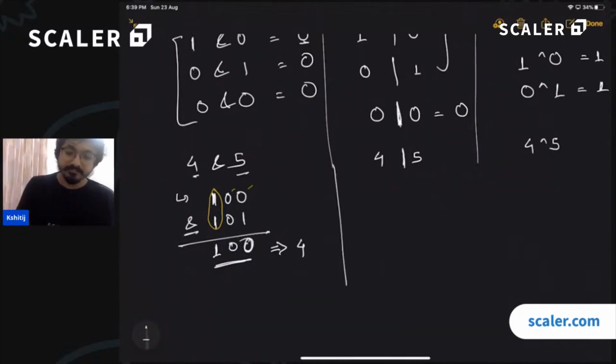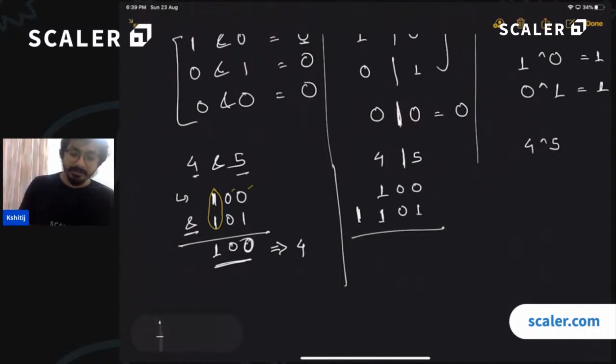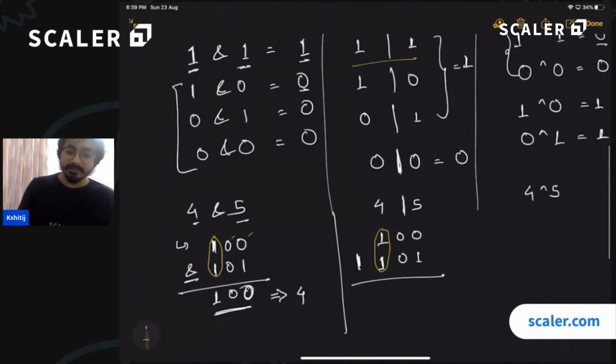Okay. Similarly, if I have to calculate 4 OR 5, again, I will just convert 4 to binary, and similarly convert 5 to binary as well, and then we do the bitwise OR. Now here we can see that this is going to be 1 because 1 or 1 is 1. 0 or 1 is also 1. So both of these are going to return a set bit. 0 or 0 is 0.